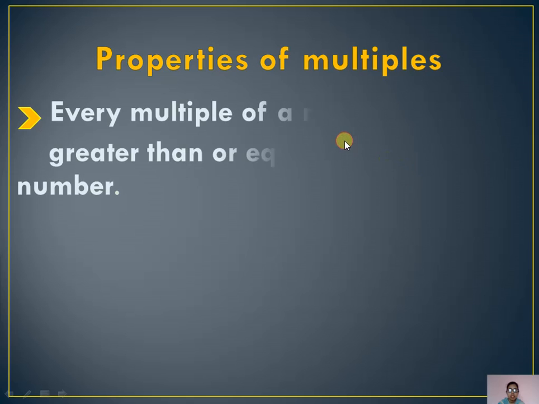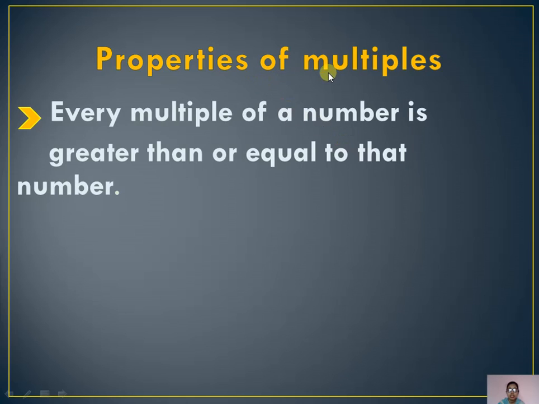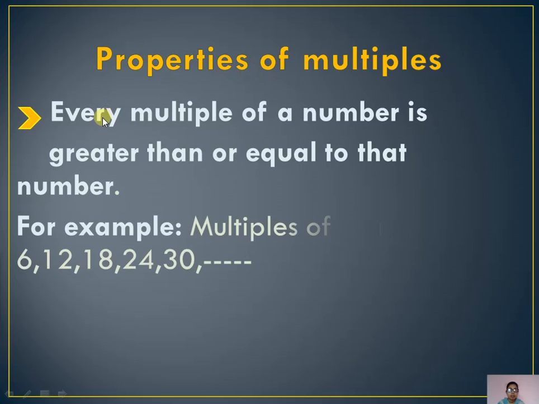Next property, let us discuss some properties of multiples. Every multiple of a number is greater than or equal to that number. For example, multiples of 6 are 6, 12, 18, 24, 30 and so on.